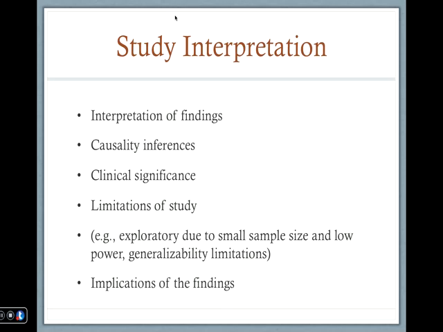I want you to understand the difference between statistical significance and clinical significance. Many times studies are small, and this happens a lot in nursing studies. Studies are small and it may not yield statistical significance, but have clinical implications or significance. So I would really like for you to read those concepts and understand that.